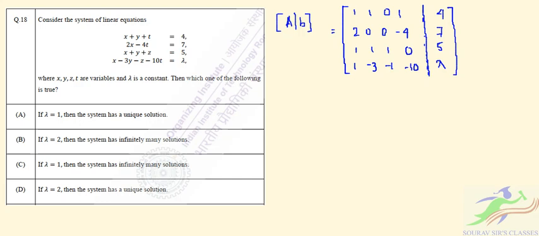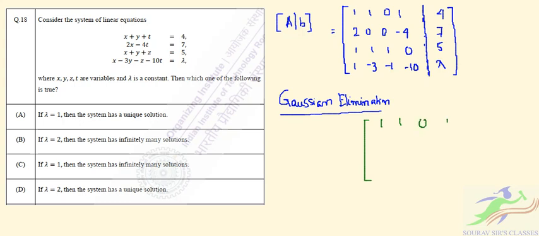Now we will do row reduction, Gaussian elimination. We will perform some row operations to reduce this matrix into row reduced echelon form. First, keep the first row as it is: 1, 1, 0, 1 and 4.